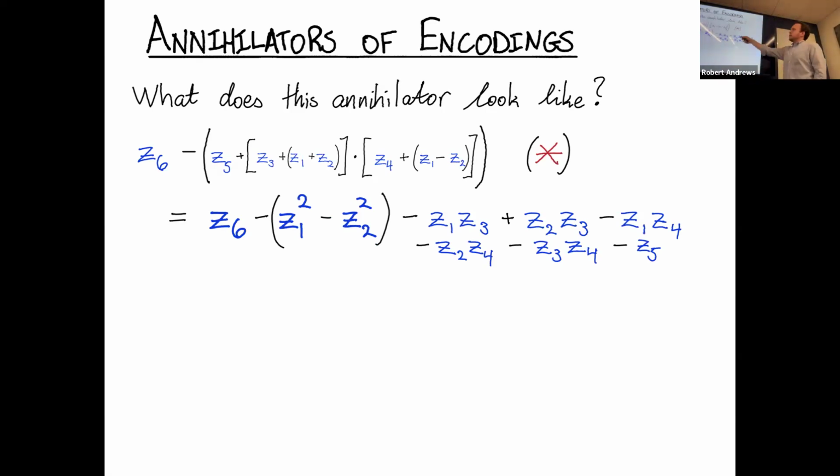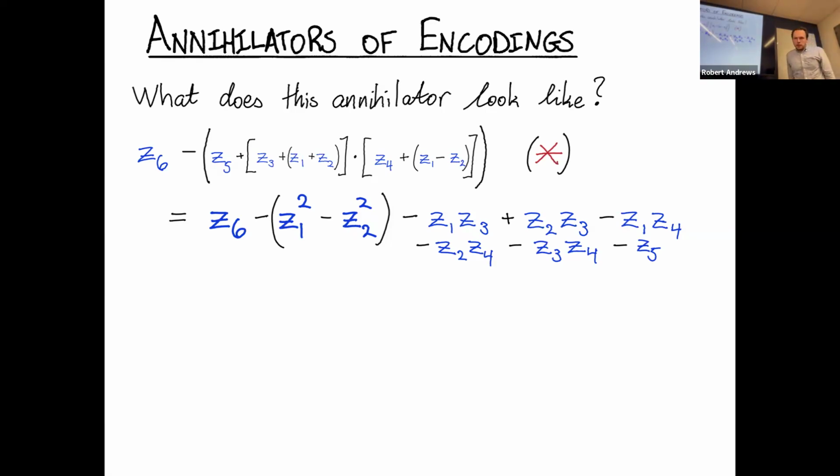And then there are some extra terms, and you should think of these as junk. Why? Every one of these terms has a z3, a z4, or a z5 in it. So if I set z3, z4, and z5 all to 0, this collapses to variable minus hard polynomial, which was the sort of thing that we saw earlier.